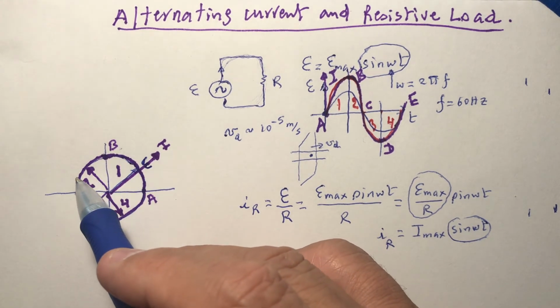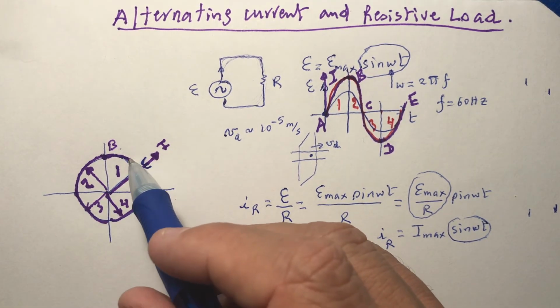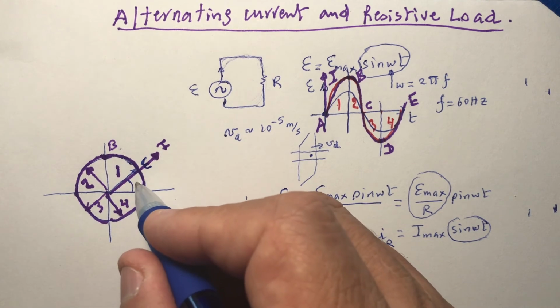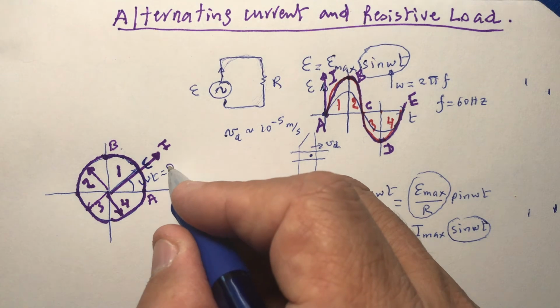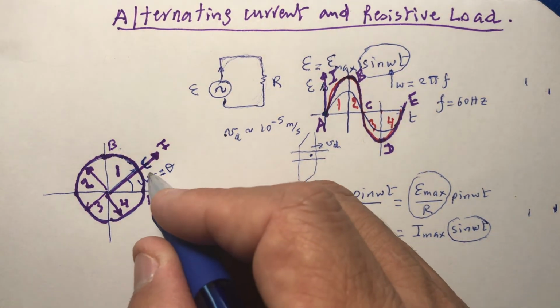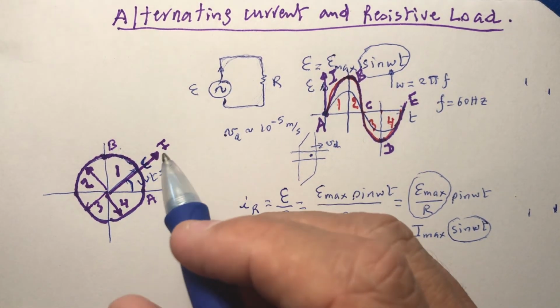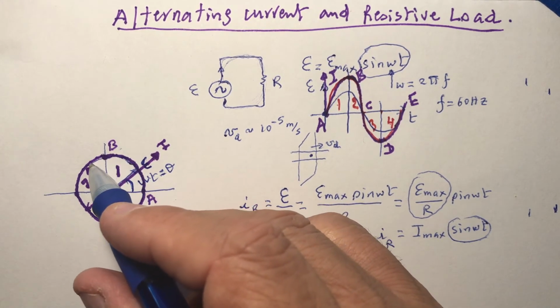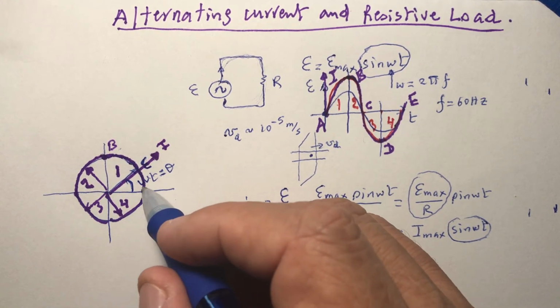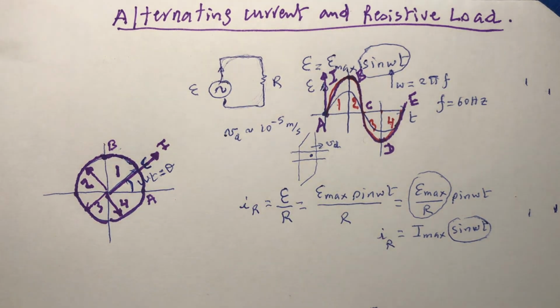Both of them rotating together like this in phase. There is some angle, let me call this omega t, which is theta. Theta is equal to omega t. So as time changes, these phasors are moving around like that together in phase. Okay?